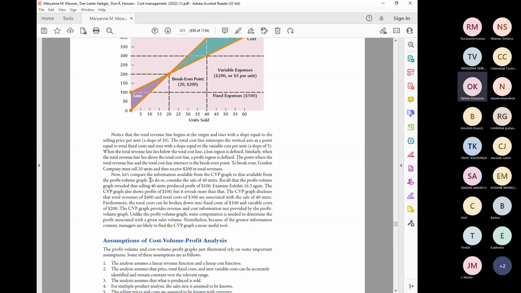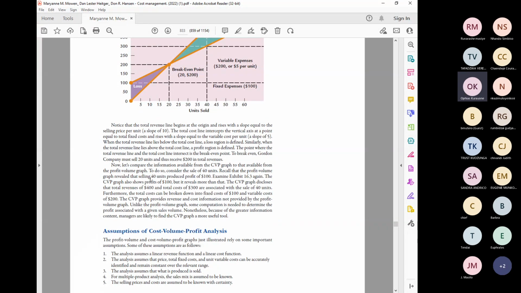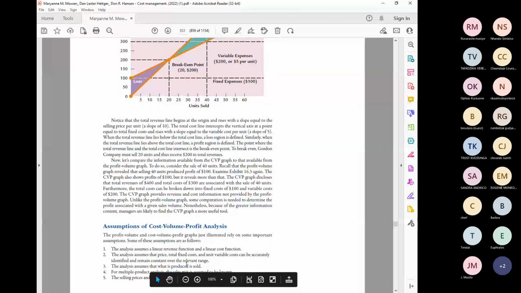Then the total fixed cost remains the same, and variable costs also remain the same, constant over the relevant range.